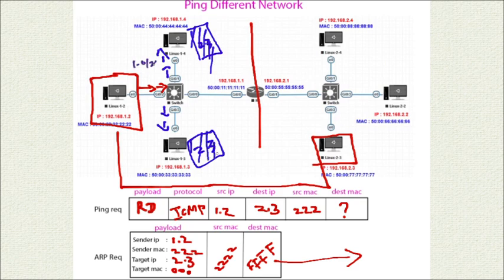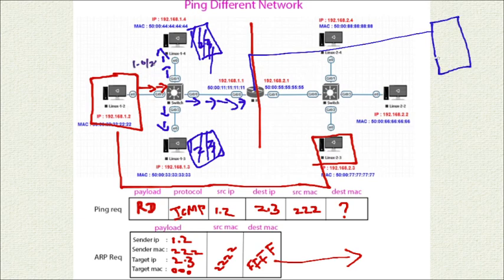Okay, dropped the packet. And then the ARP request is sent to the default gateway, so that's the reason 1.2 is sending it to the gateway. The gateway also opens the broadcast packet. It will open the packet, and the target is 2.3, but the router does not drop the packet because it's a broadcast packet.